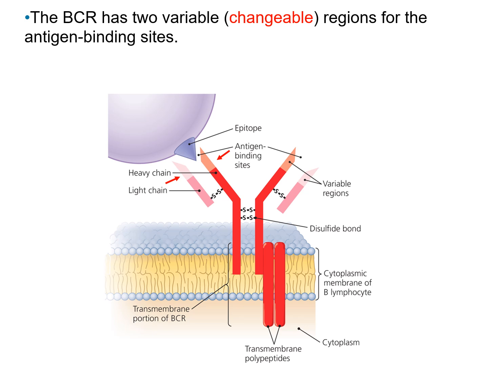B cell receptor has two variable regions. I mentioned before, 1, 2, 3, and 4. On the very tips of those polypeptides, you have a region that is changeable. They call that the variable region. That is the portion that binds to the antigens.